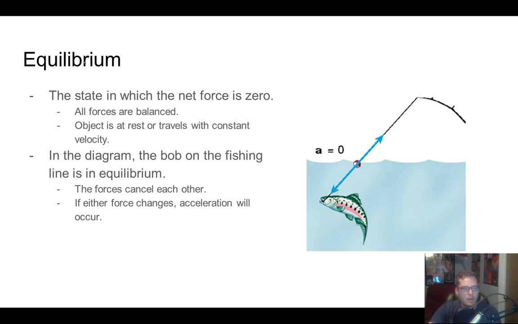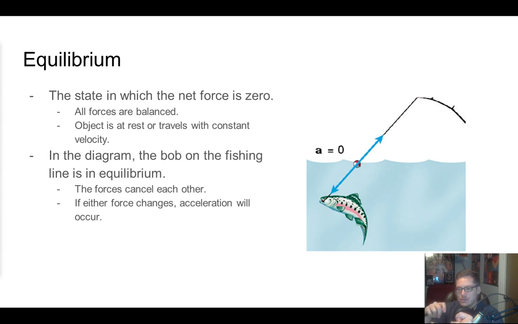All right, and then we get this idea of this fishing line here. Okay, so we've got this fish and it's getting pulled up. If you've ever been fishing, you know the fish don't really like to get pulled out of the water very much. Okay, and so we've got this fish that's sitting here, and we're pulling up on it with the fishing line, and right now, because the fish is not moving, notice that our acceleration is equal to 0, meaning that our velocity is not changing.